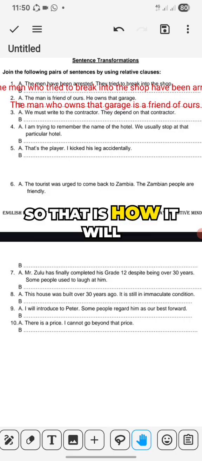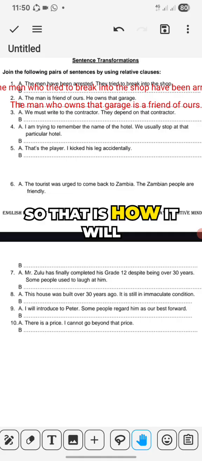The man, that is the subject, and it is a general subject. Remember what I said? Which means this is a defining relative clause. The man should be followed by a relative clause: who owns that garage is a friend of ours. Most of these are defining relative clauses.